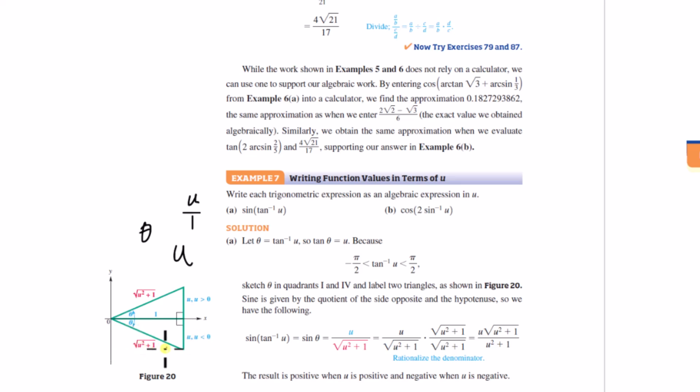You don't need a plus or minus, since they rationalize and get this. Once you pick the u value, positive or negative, that's going to make sine theta positive or negative. That's going to dictate what theta is, because theta is a variable. It depends on the u that you pick.